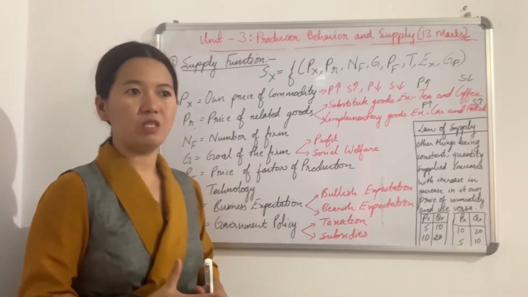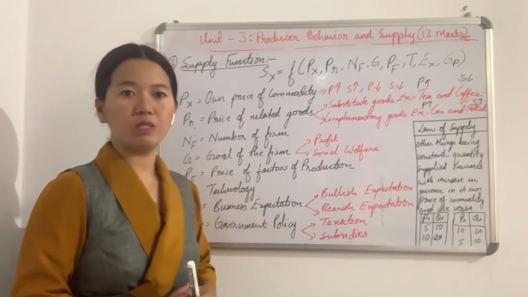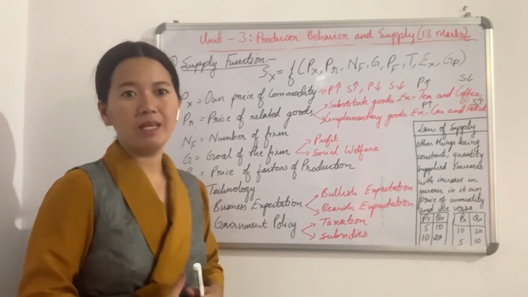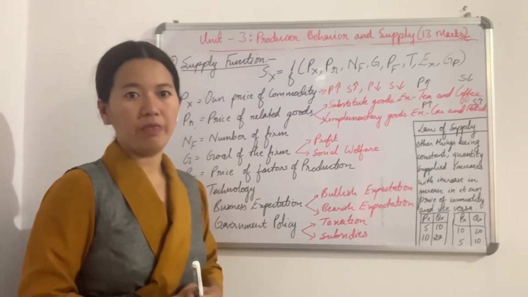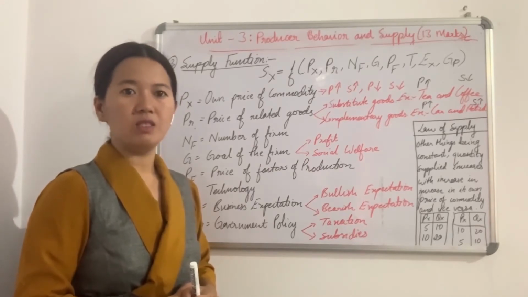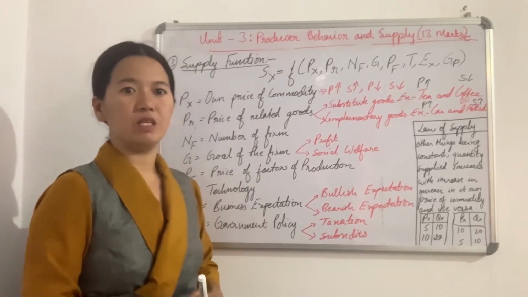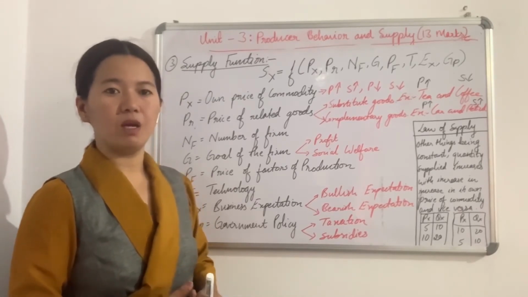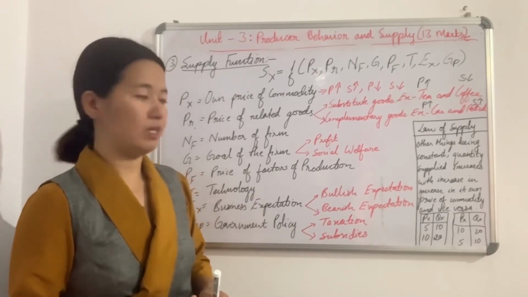Because if the technology is outdated, then the producer would have to spend so much for the maintenance of the technology and his cost of production would rise and his profit would fall. Therefore, if the state of technology is outdated, the supply would fall, and if the state of technology is improved or advanced, then the supply of a commodity would increase.